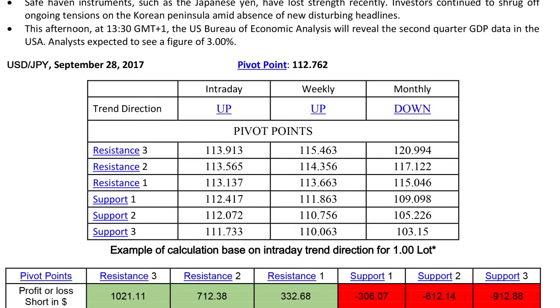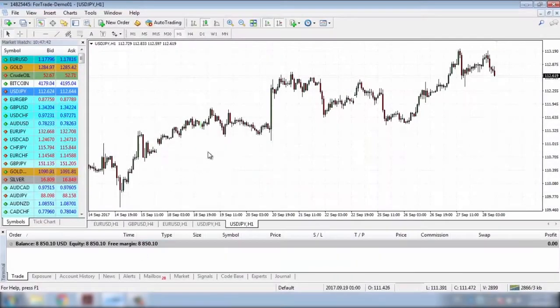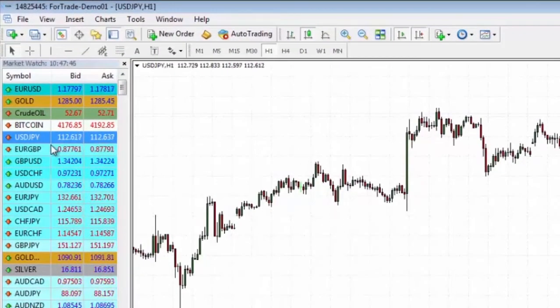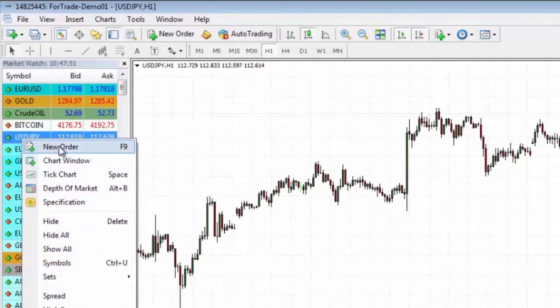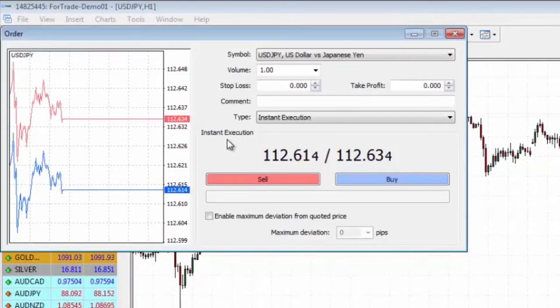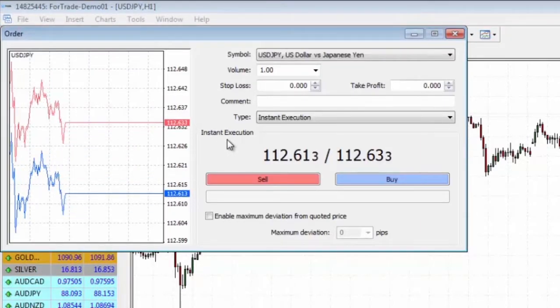Now, let's place the order in MetaTrader 4. Right-click on the currency pair in the Market Watch section and click on New Order. A new window will open and now you can fill it in. First, we need to determine the volume of the trade.